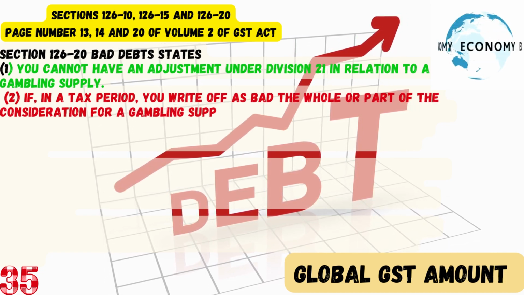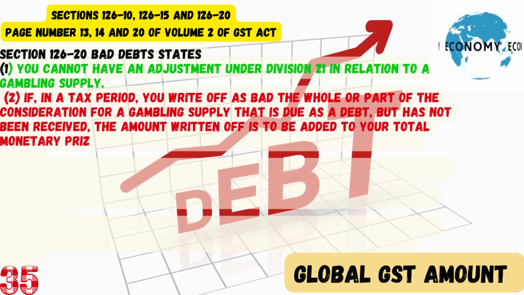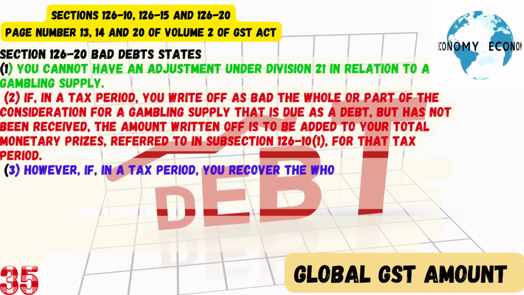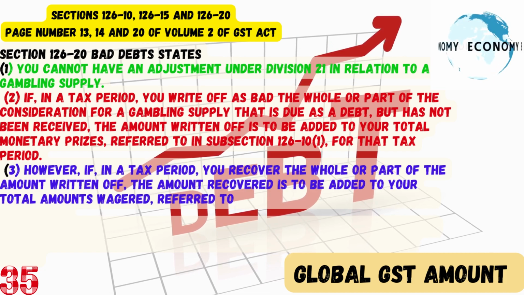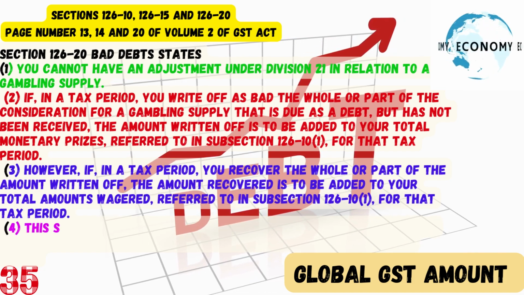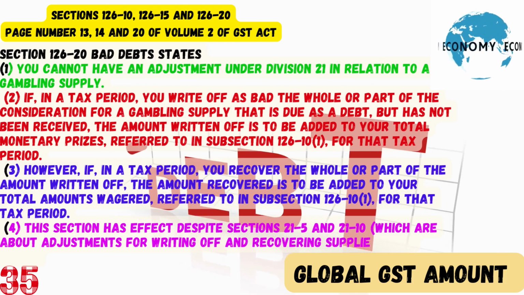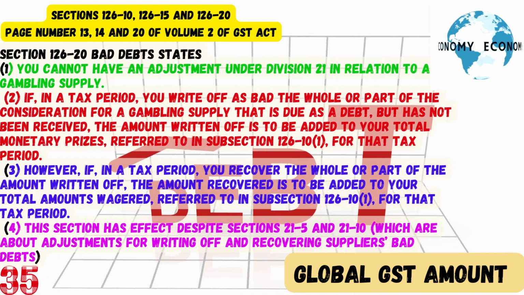You cannot have an adjustment under Division 21 in relation to a gambling supply. 2. If, in a tax period, you write off as bad the whole or part of the consideration for a gambling supply that is due as a debt, but has not been received, the amount written off is to be added to your total monetary prizes, referred to in subsection 126-10(1) for that tax period. 3.